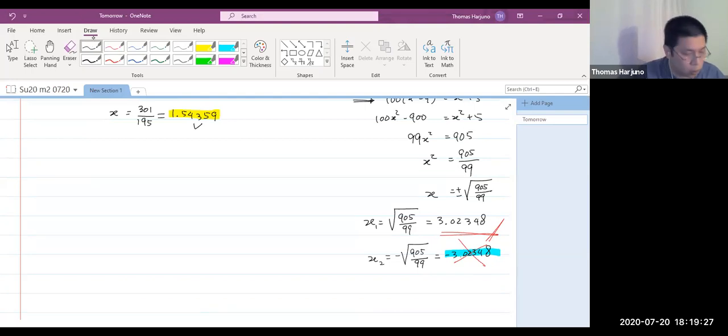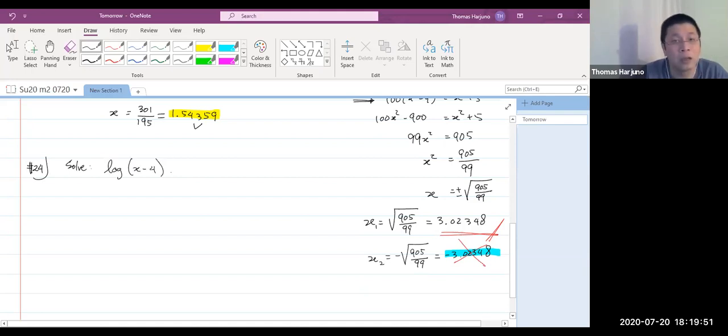Let's do one more question like this, number 24. So number 22, we have two solutions. One of them doesn't work. Number 24, we have solve log base 10 again, x minus 4 minus log 3x minus 10 equals log 1 over x.